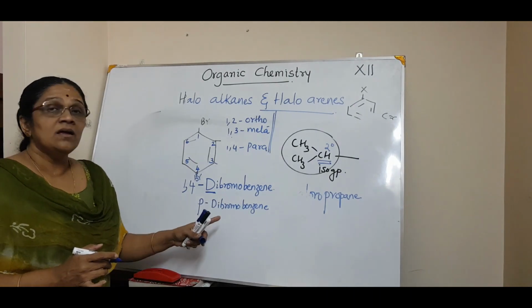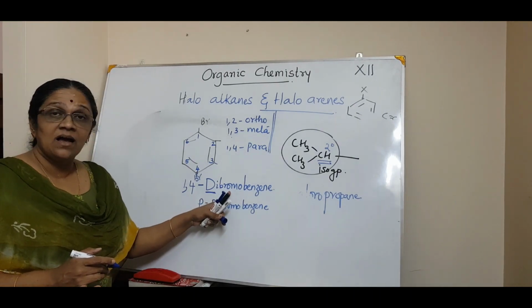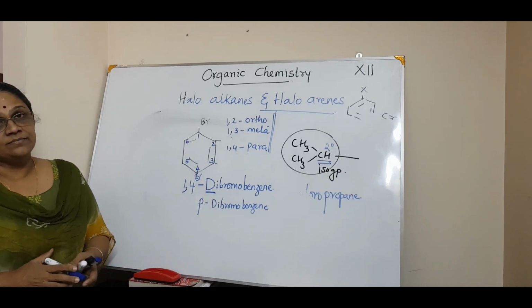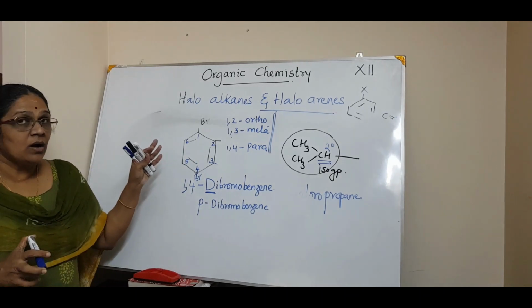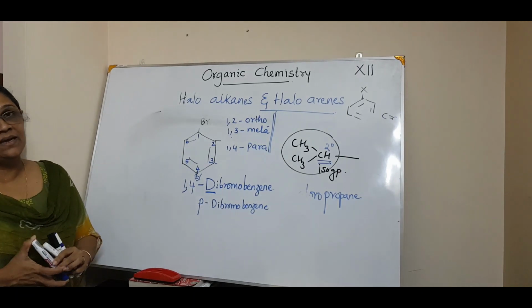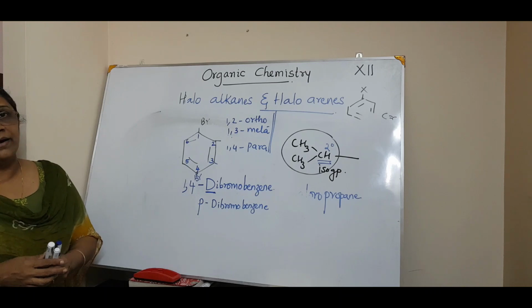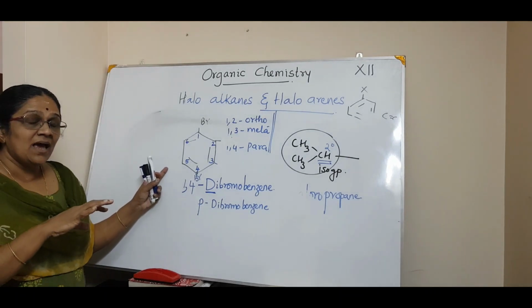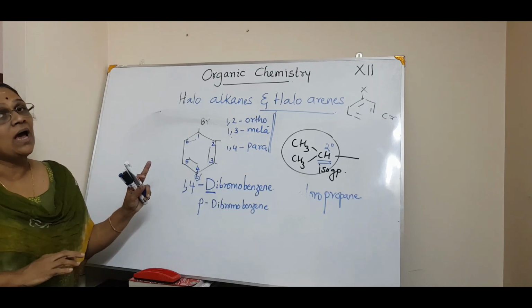So this is the common name and this is the IUPAC name. Clear? Hope you got an idea of how to write the IUPAC name and the common name, as in the case of haloarenes as well as in the case of haloalkanes.